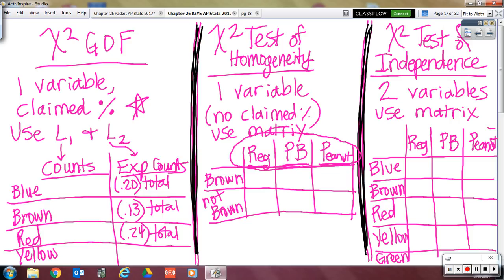It has the variable type of M&Ms, and it has the variable color. So it has 2 full variables, and I am seeing if the type of M&M is independent of the distribution of the colors of the M&Ms. All right, so that is a summary of those differences, and we'll address this again later.